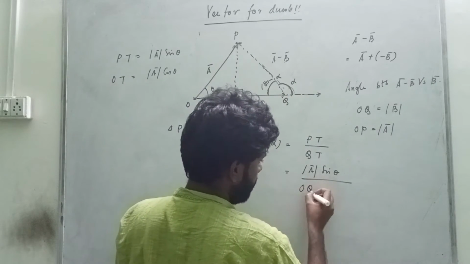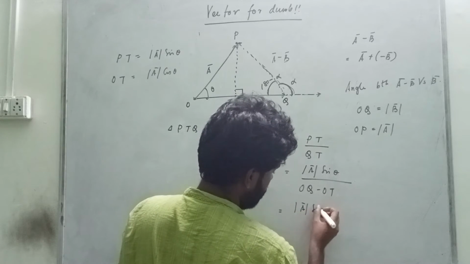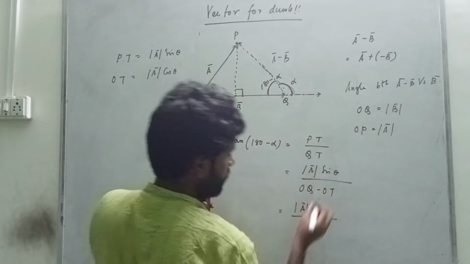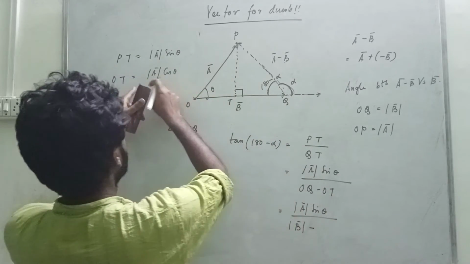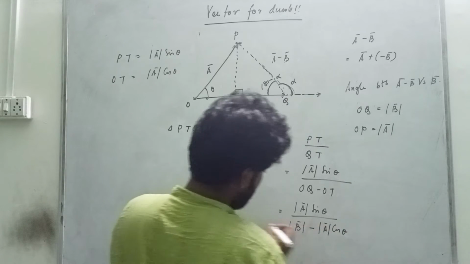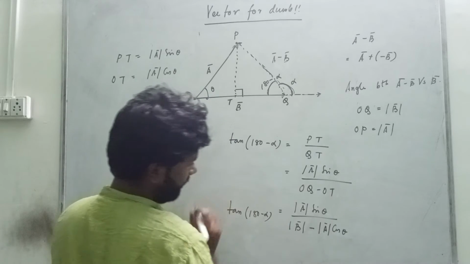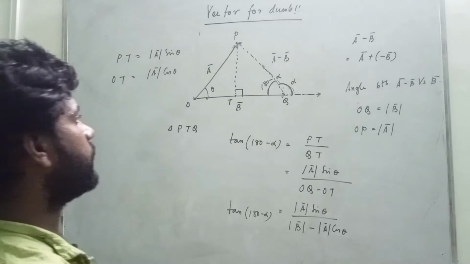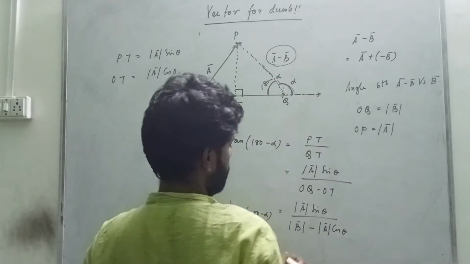So OQ minus OT is modulus of B minus modulus of A cos theta. So tan of 180 minus alpha equals modulus of A sin theta divided by modulus of B minus modulus of A cos theta. It is our angle in between A minus B with B.